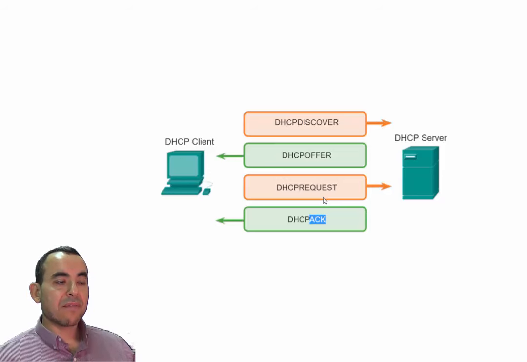Or if there is any problem or it cannot assign this IP address to the machine, then it sends a negative DHCP acknowledgement, in which case the client will have to request another IP address, or may actually go to DHCP discover to try to discover another server or another range of IP addresses that it can select from.